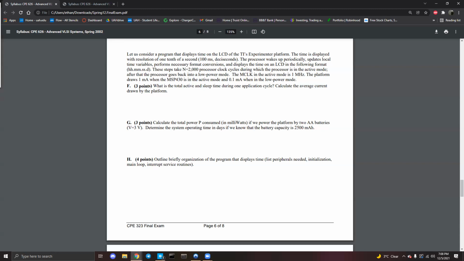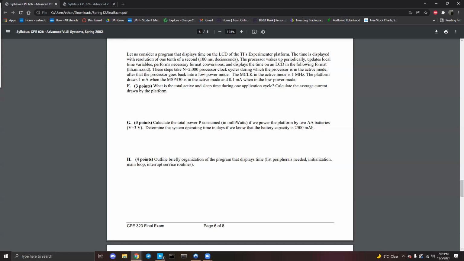So first we need the total active and sleep time during one application cycle. What it means by application cycle is how often updates occur, and we know that it's 100 milliseconds. Now you have to calculate the active time. We know that 2000 clock cycles are important here. 2000 times the main clock period is going to give us how long it's active.